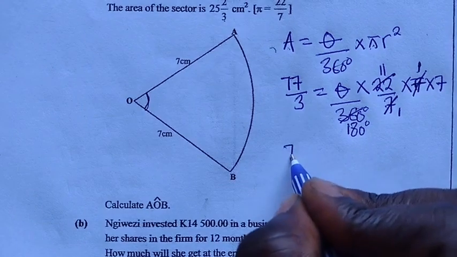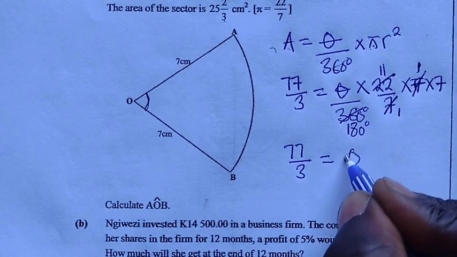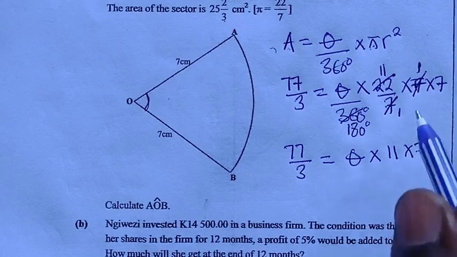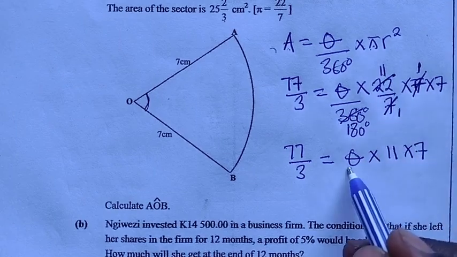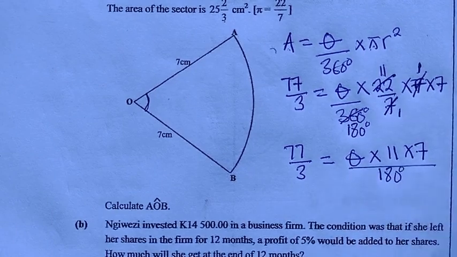You are going to write 77 over 3 is equal to theta times 11 times 7 divided by 180 degrees.